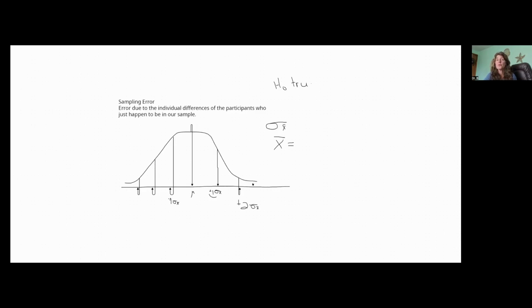If the null is true, nothing's going on, and most of the sample scores are going to have the exact same mean as the population. Very few will have very extreme scores. Some will be close. It'll be random. Some will be a little above, some will be a little below. And because of the central limit theorem, you get this perfectly normally distributed property.